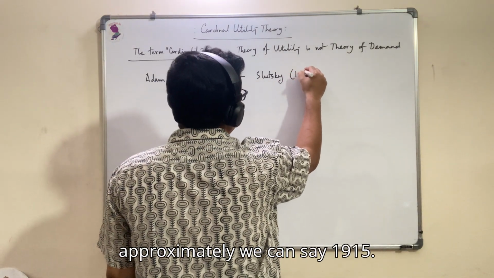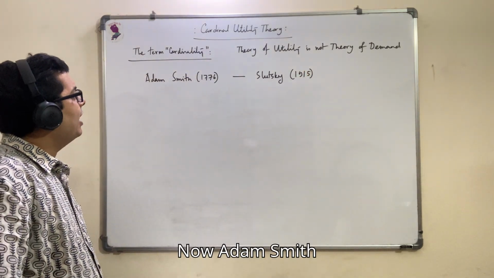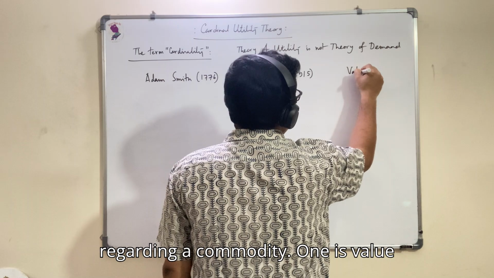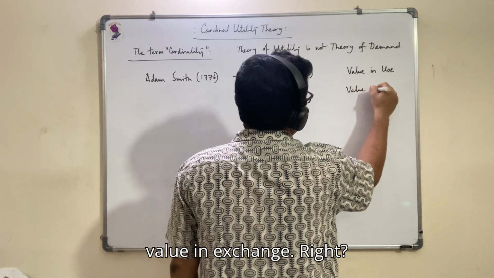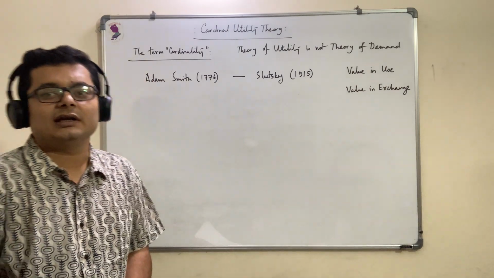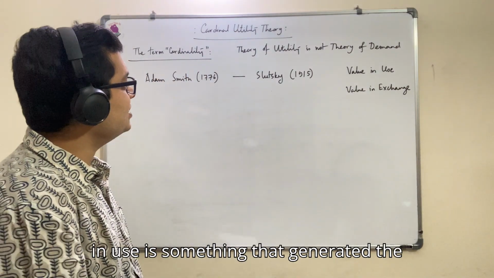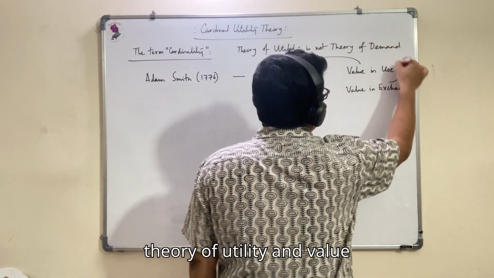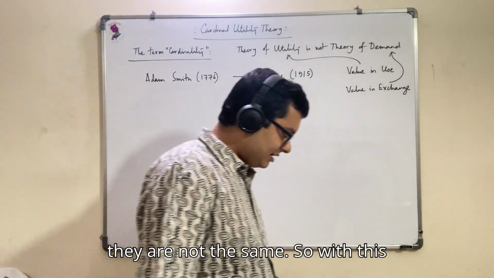Adam Smith in his book gave two ideas regarding a commodity: one is value in use and the other is value in exchange. If you have taken economics as a high school subject, then you also know these two phrases. Value in use generated the theory of utility, and value in exchange goes to the theory of demand. Obviously they are connected, but they are not the same.